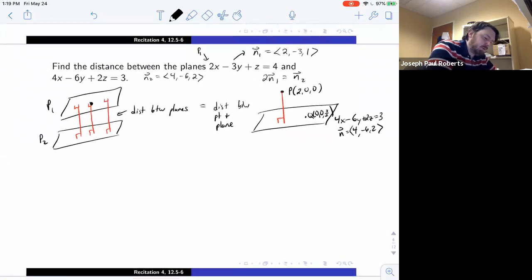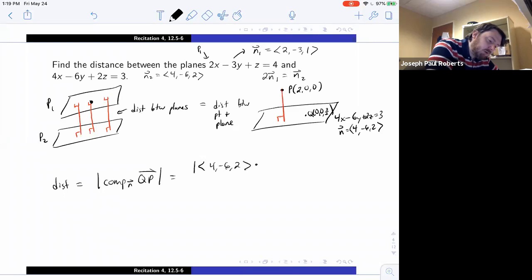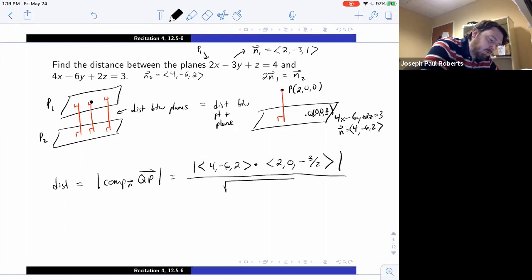And so at this point, my distance that I want is the length of the scalar projection onto n of QP, which in this case is going to be the absolute value of 4, negative 6, 2 dot product QP, which is 2, 0, negative 3 halves, divided by the length of n, which is the square root of 16 plus 36 plus 4.